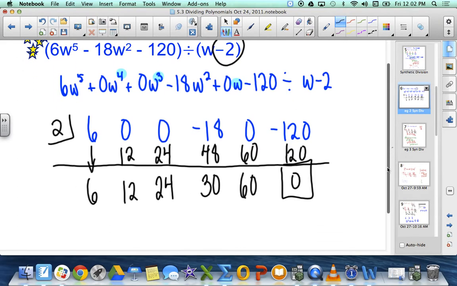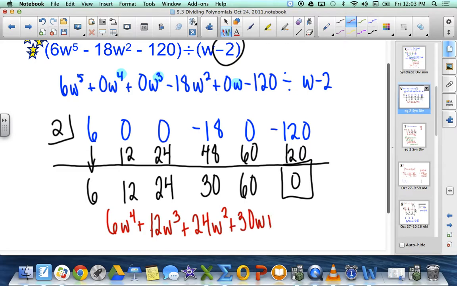So let's look at what our answer is. We have 6w to the 4th plus 12w to the 3rd plus 24w to the 2nd plus 30w plus 60.